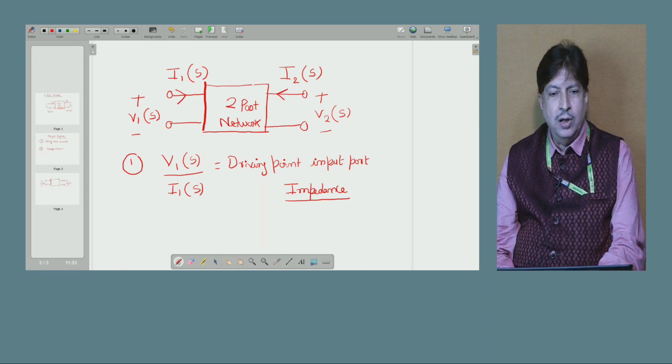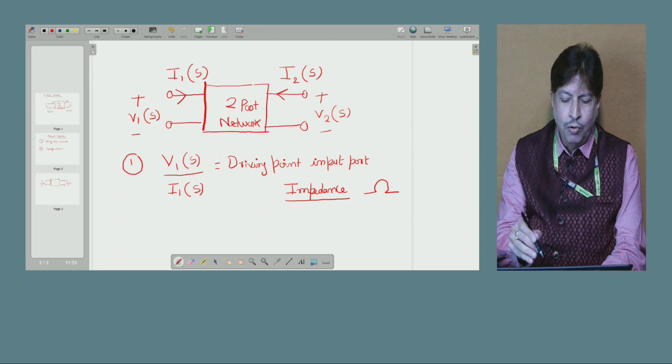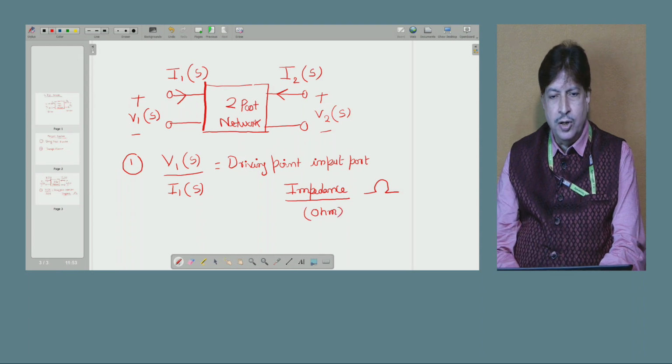The unit of impedance is ohms. Ratio of volts to amperes is impedance.